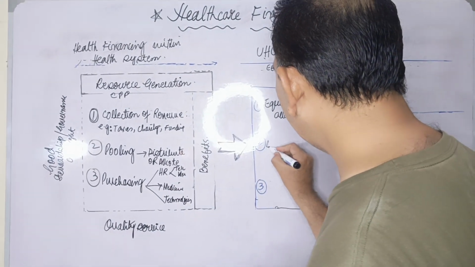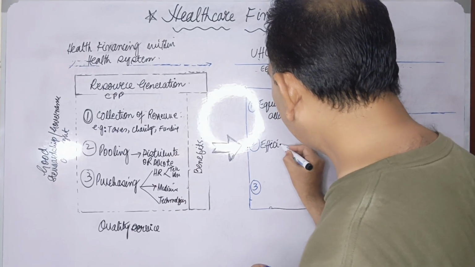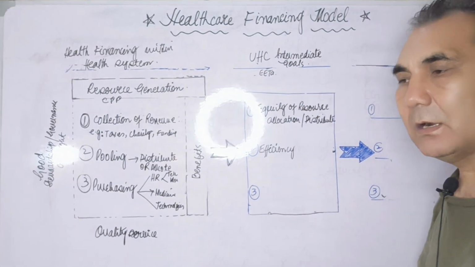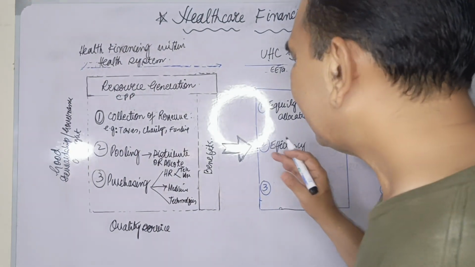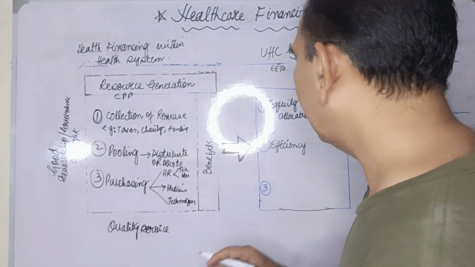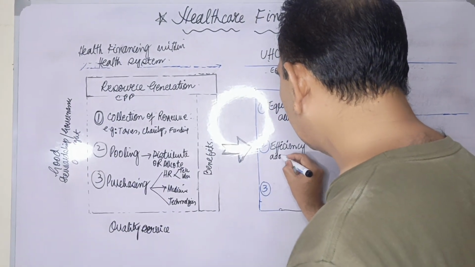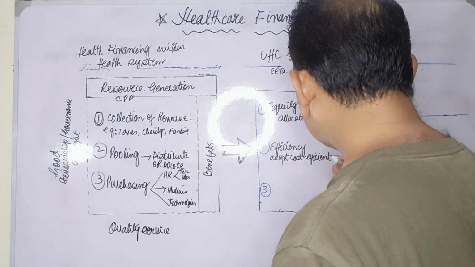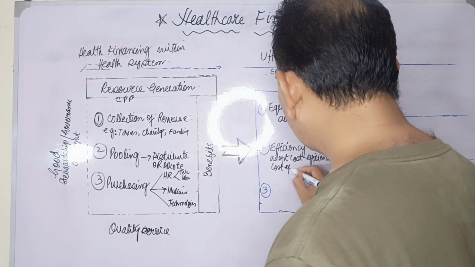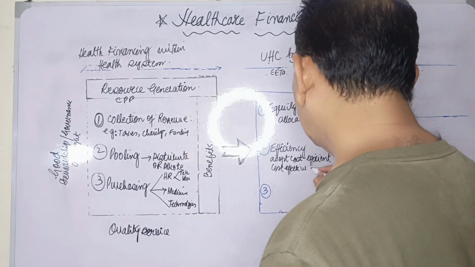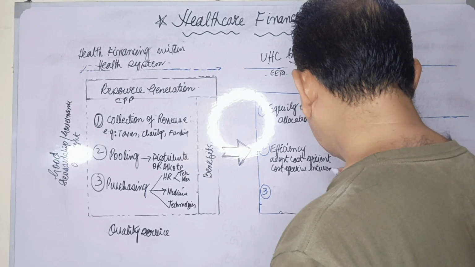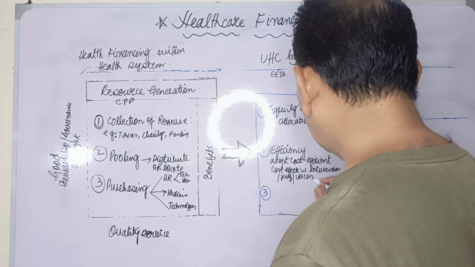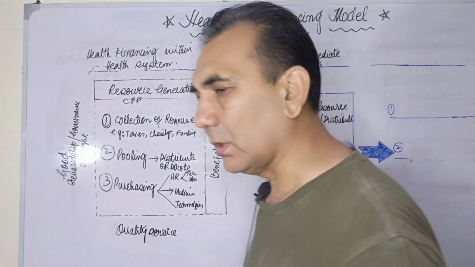And the second one is efficiency. You should maintain efficiency during the procedure, through the intervention. As a good governance or good stewardship, you should always adopt cost-efficient or cost-effective interventions, whether drugs, vaccines, HR, and so on.